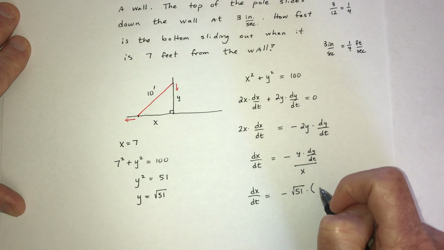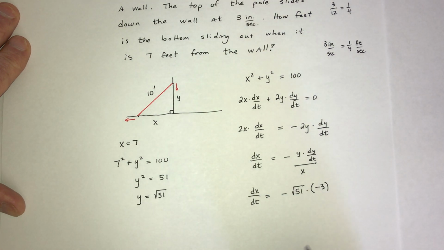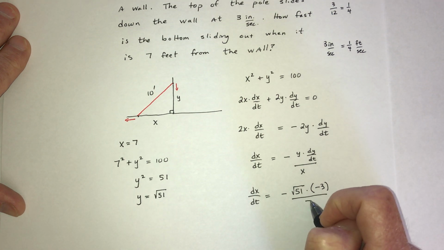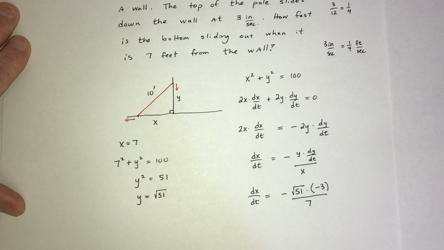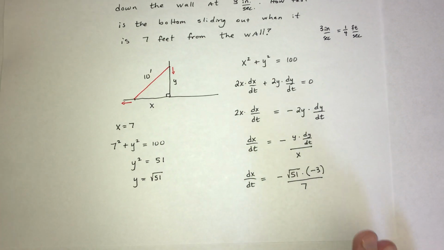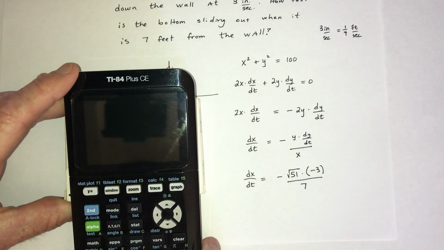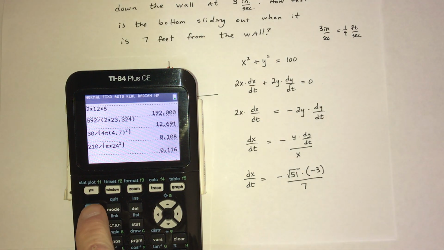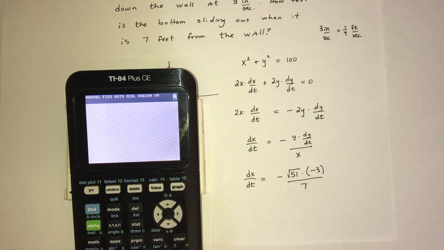So I actually need to substitute that it's negative 3 for the dy/dt. And x is a 7. All right. Just use a calculator and we're going to be done. So these two negatives are going to cancel, and then it's going to be the square root of 51 times a 3 and divided by a 7.